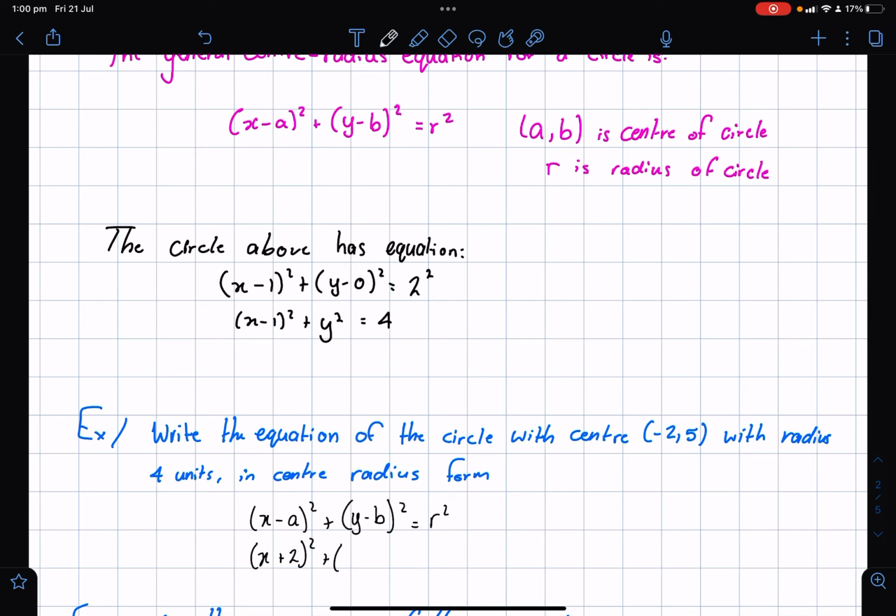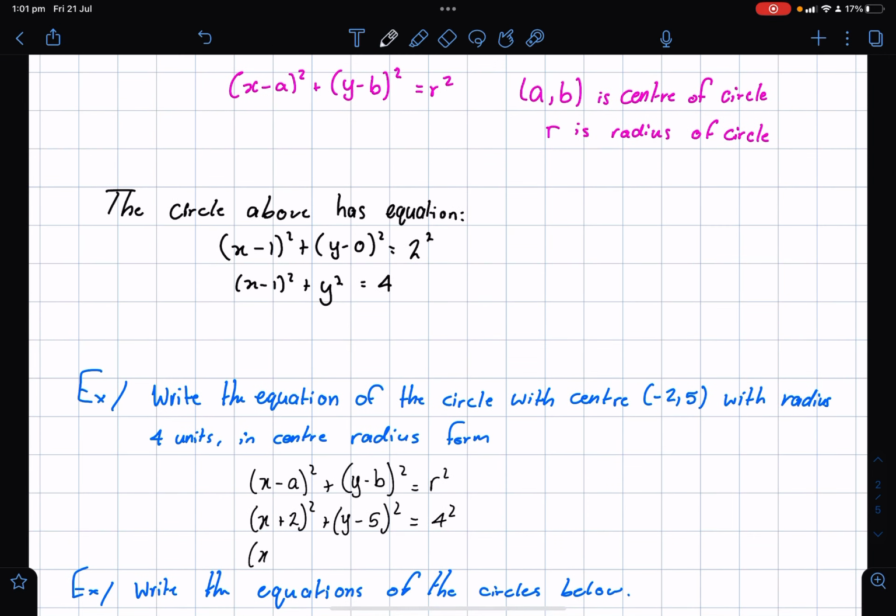And then b is 5, so y take 5 squared, and my radius I'm told is 4. So I've got 4 squared, and I just tidy up that right-hand side. So (x + 2) squared plus (y - 5) squared equals 16. Done. That is my equation of that circle.